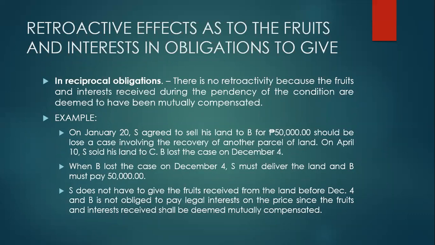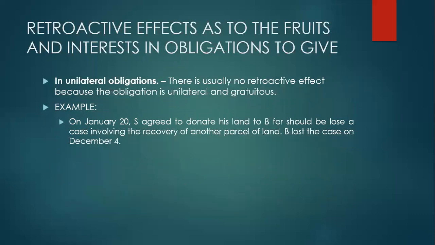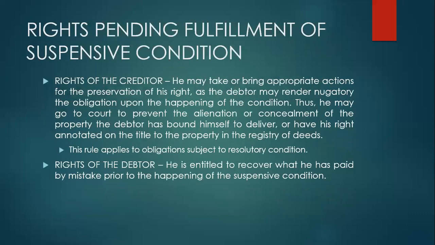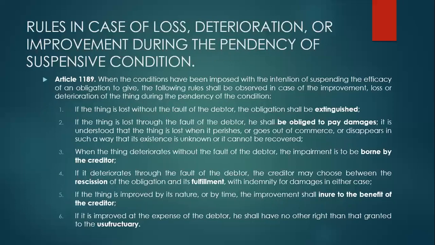The right of S is that he can recover what he has delivered by mistake. So he can take back the land from B, because the condition is not yet fulfilled. That is the right of the debtor pending fulfillment of suspensive condition.